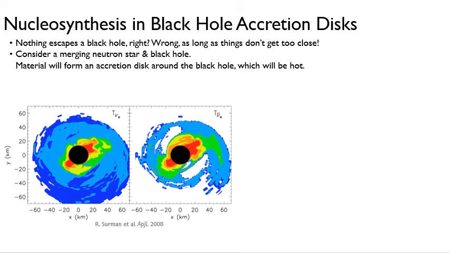So one possible site is, instead of two neutron stars merging, you could have a neutron star and a black hole merge. And basically what happens is the neutron star gets ripped apart by the black hole. You create then an accretion disk around this massive remnant, which of course will be a black hole.